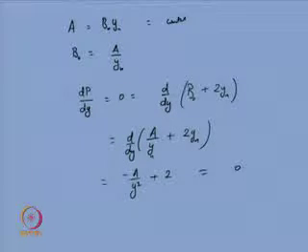Therefore, your most efficient cross section can be obtained either directly from this, or you can use A by y squared is equal to 2, that criteria can be used now.